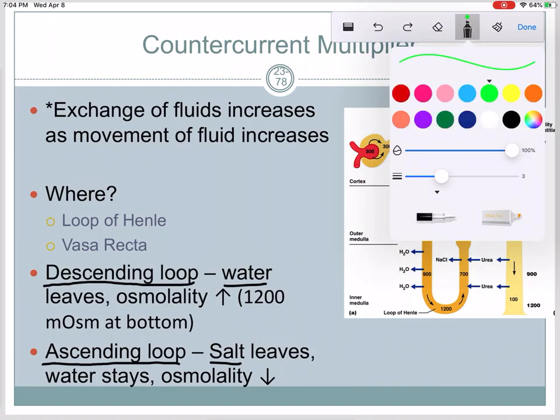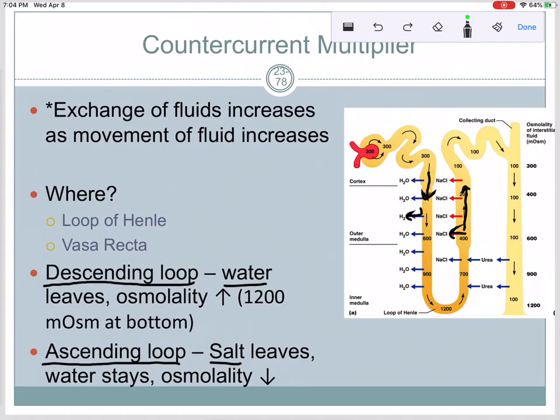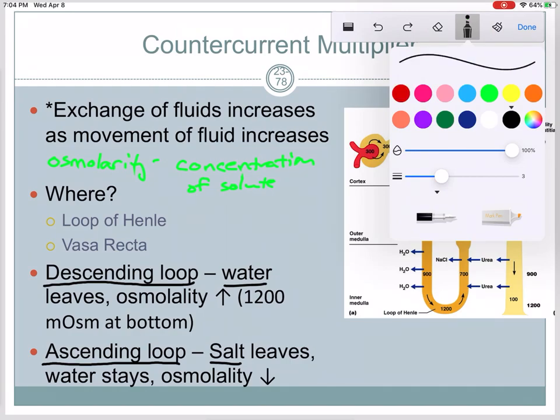Let's use green. We may remember that osmolarity, that's bright, isn't it? This kind of hurts my eyes. I'm not going to be using much green in the future. Osmolarity is the concentration of the solute. Whew, wonder if I can change the color.